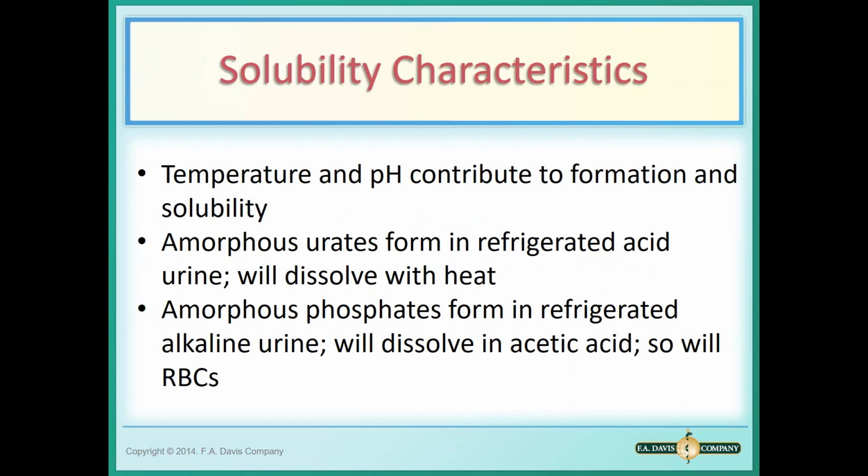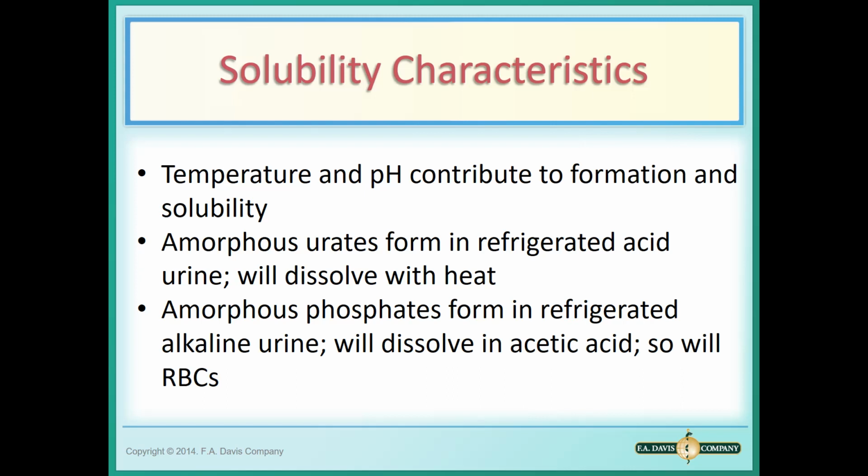Temperature, pH can sometimes contribute to both the formation and our ability to get that crystal to go back into solution. For example, amorphous urates, those pink precipitant crystals that form in acid urine, happen when it gets refrigerated.